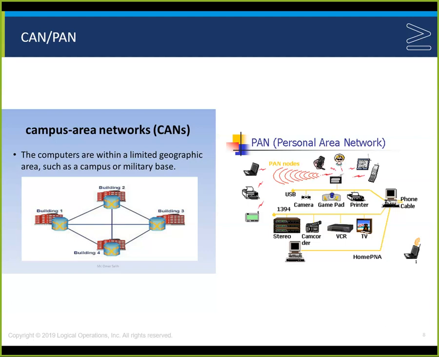The personal area network, and again, the PAN nodes, and this one shows some wired and wireless, and this is what I've been more accustomed to seeing for a personal area network. We've got cameras, game pads, printers, phone, the stereo here, camcorder, different things connected to it. And then we have the wireless devices that are connected to it that we can use.